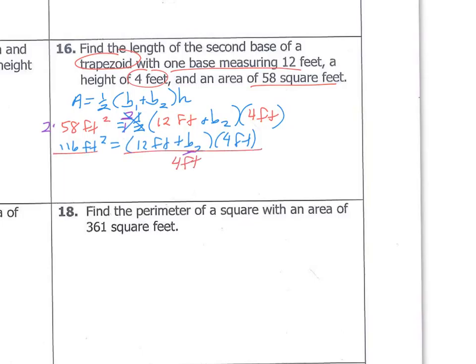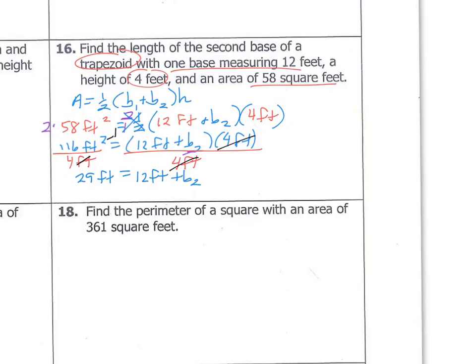That's the least amount of work, and I know that you all are interested in the least amount of work. So 4 feet cancels on the right. One of these feet cancels with one of these feet up here, and you have 116 divided by 4 is 29. So we get 29 feet is equal to, look what we're left with here, 12 feet plus b sub 2. How easy is that to solve now?